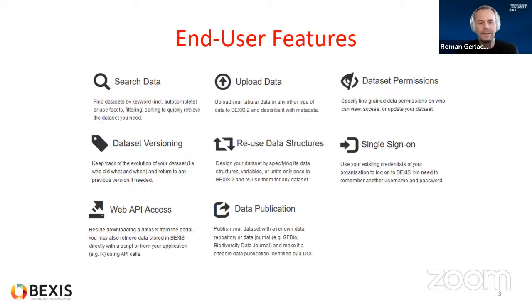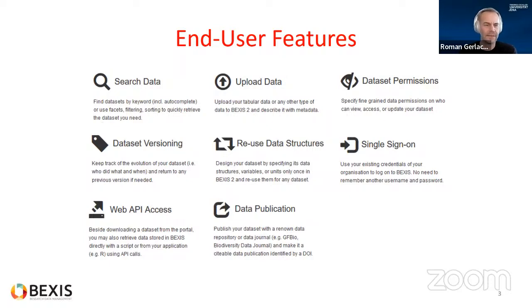Some of the key features that BEXIS2 provides, we call them the end user features towards the actual researchers who are supposed to use the software, so not so much the data managers or developers or any other role that is more in support of researchers. First of all, there is a search functionality, as you know it from many other tools.